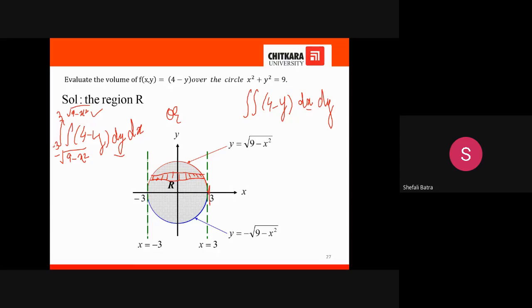Tell me beta. Limit of x. You do have the equation of circle x square plus y square is equal to 9. Now tell me what will be the limit of x. Yes, I'm waiting, beta.